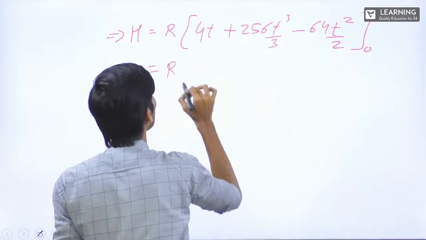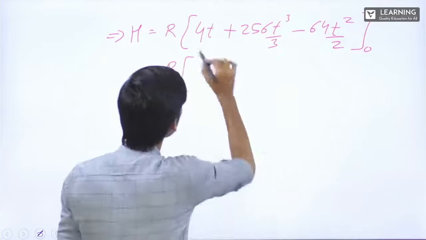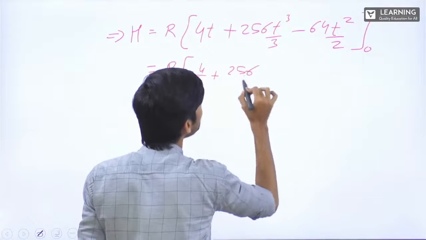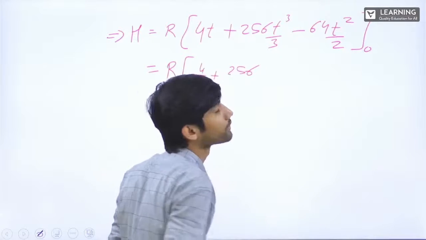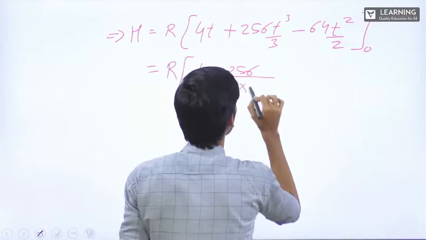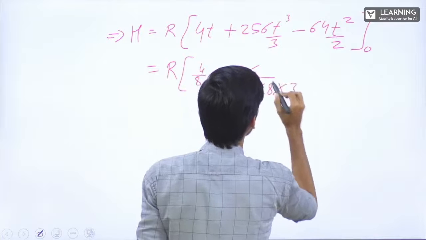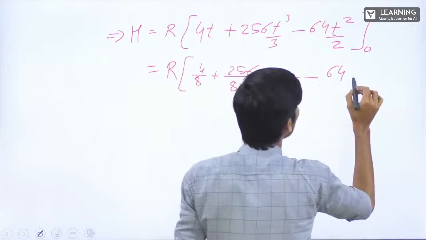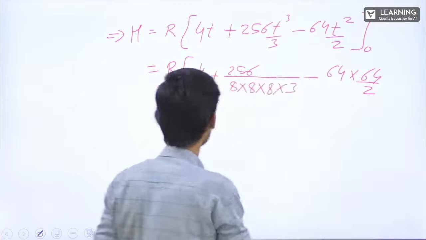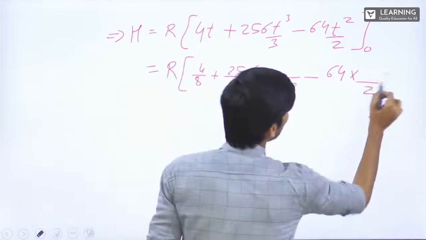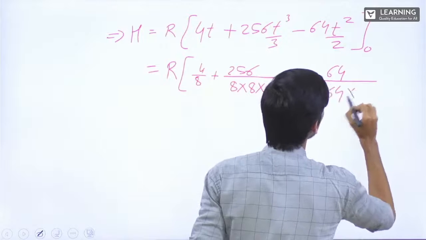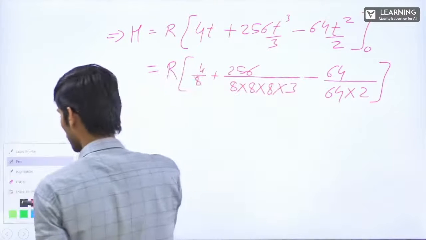From here, R, this will be 4 into 1 by 8, that is 4 by 8, plus 256 into 1 by 8 into 1 by 8 into 1 by 8, so 8 into 8 into 8 into 3, minus 64 into 64 by 2, correct? 64 will come in the denominator, 64 divided by 64 into 2, minus 0.